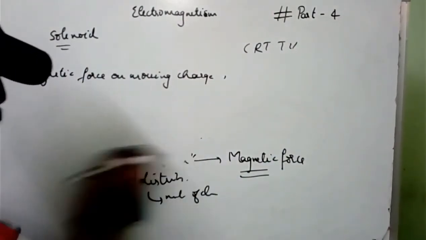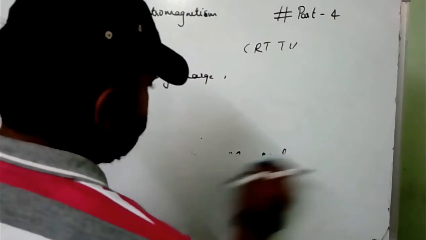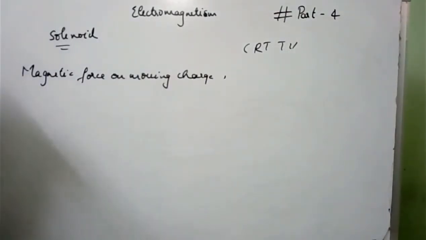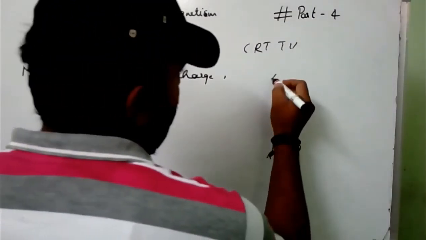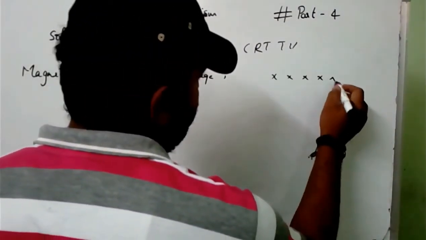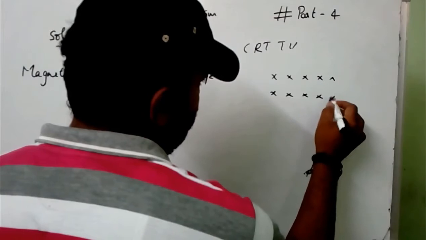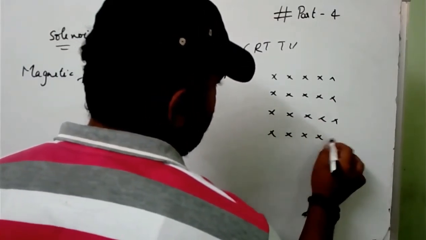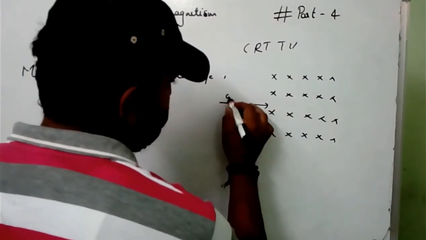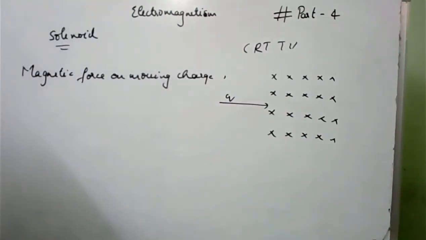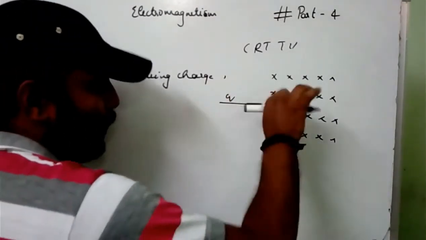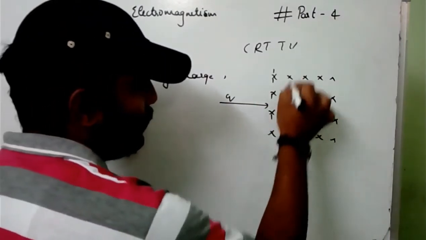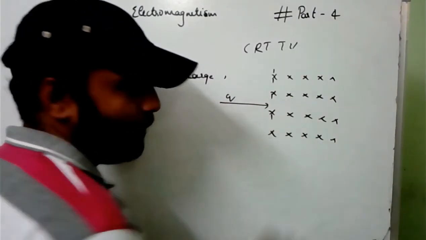In that, we came to know what is meant by into the page and out of the page. Think that the magnetic field is directed into the page. Into the page means a cross sign. Now consider a charge Q, you know that charge is represented with Q. The charge is moving in a perpendicular direction.